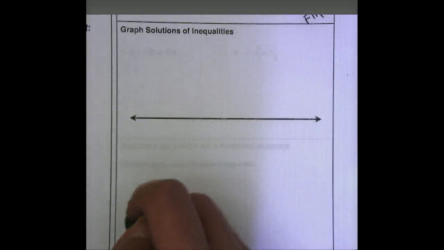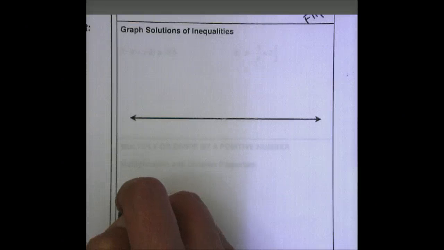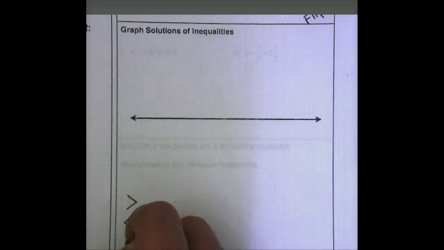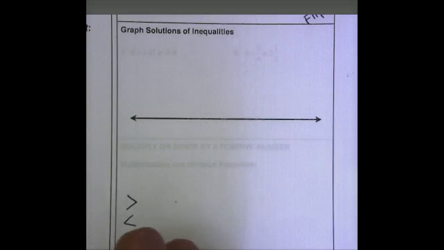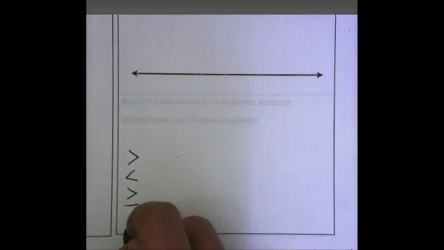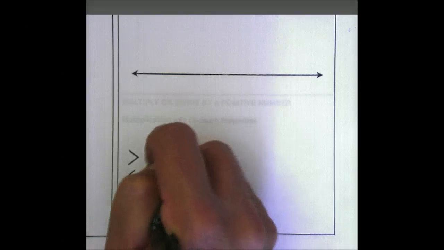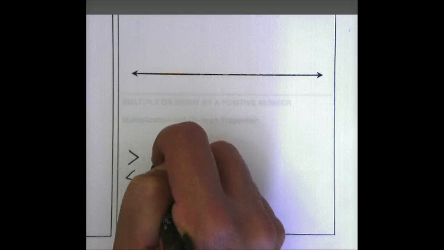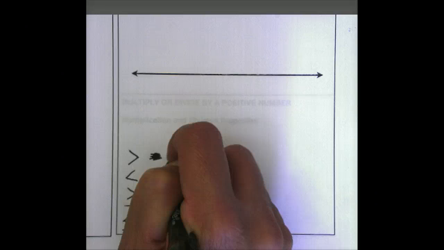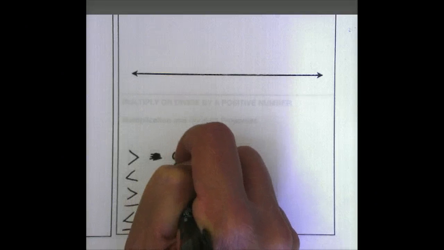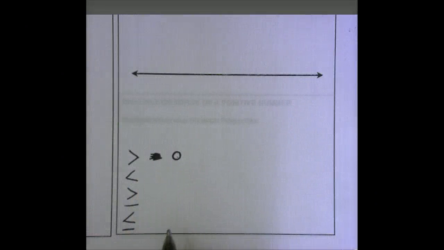So we want to write down our symbols. We've got greater than, less than, greater than or equal to, less than or equal to. So whenever you graph an inequality with greater than, you're going to graph with an open dot, not a closed dot, with an open dot.